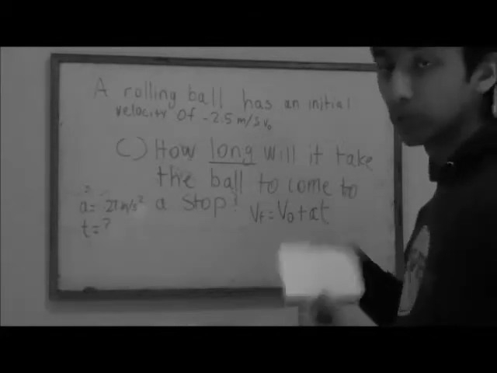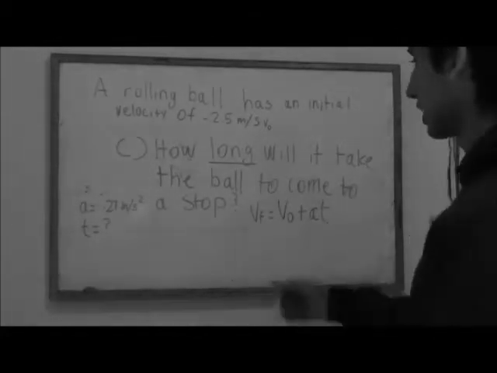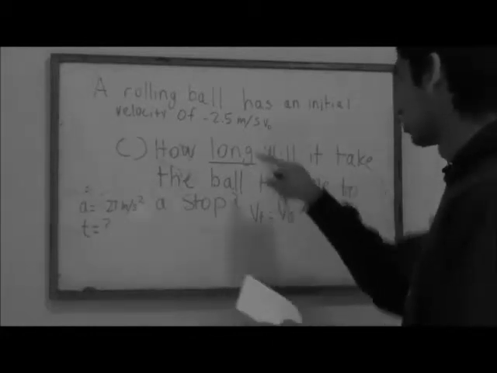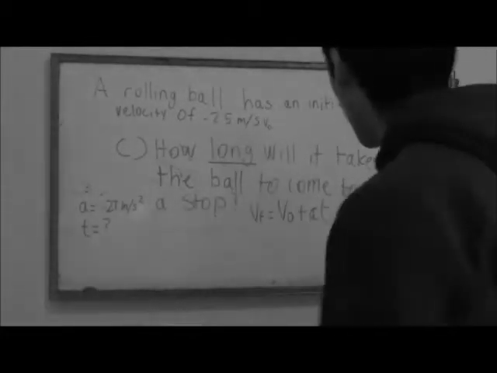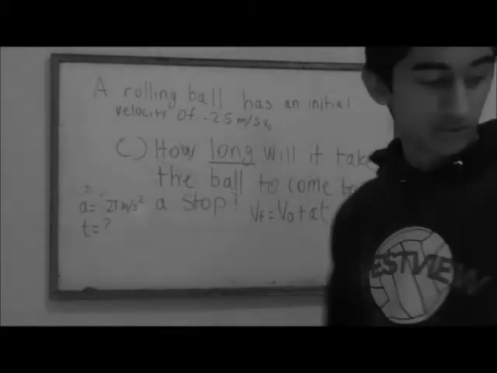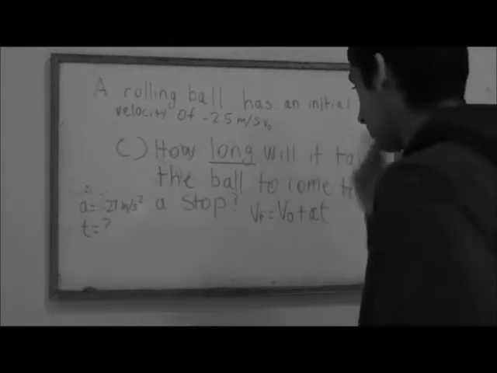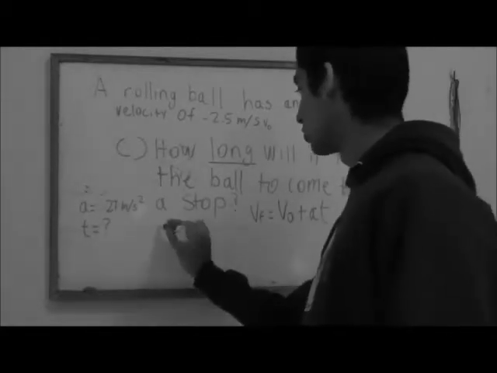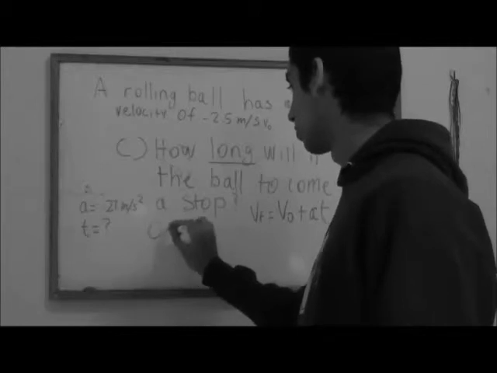VF, we don't know yet because it's the final velocity, and since there's acceleration involved, that will change the final velocity. So this is just the initial. Okay, I don't need my note card anymore. Now I just have to solve this. Since we're solving for the moment it stops, I'll put 0 for VF.